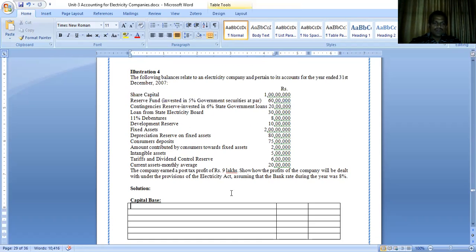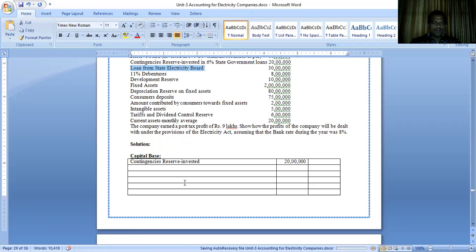So first of all we have to calculate the capital base. So for the calculation of capital base we have to consider contingency reserves invested. So special fund investment, that is 20 lakhs. And loans from State Electricity Board.